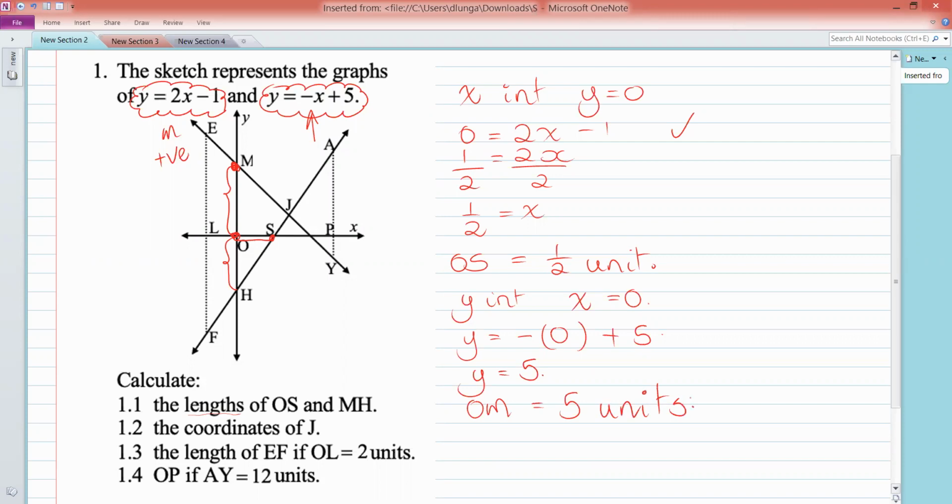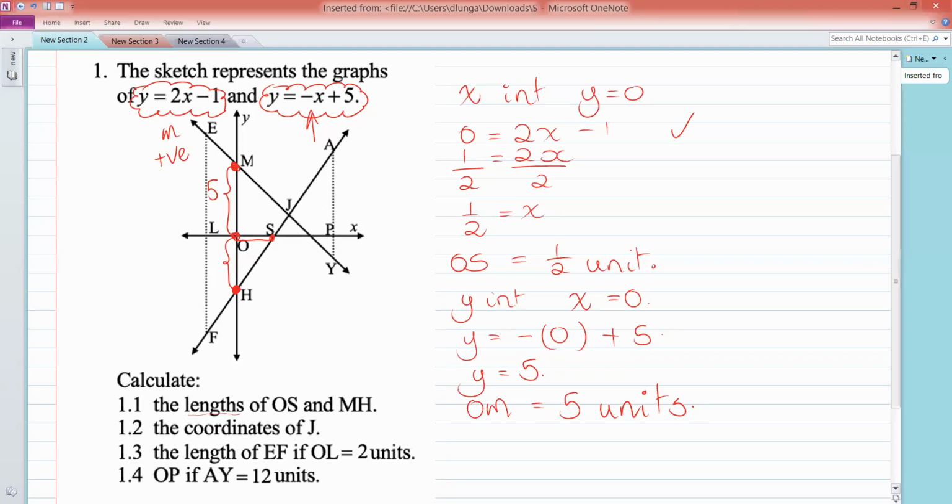Now we're not done, because we only just worked out that distance. We now need to work out the distance from O to H. What do you think we're going to do there? Let's follow the same pattern. We're still working with the y-intercept, but this time we need to find the coordinates of H. How would I do that?